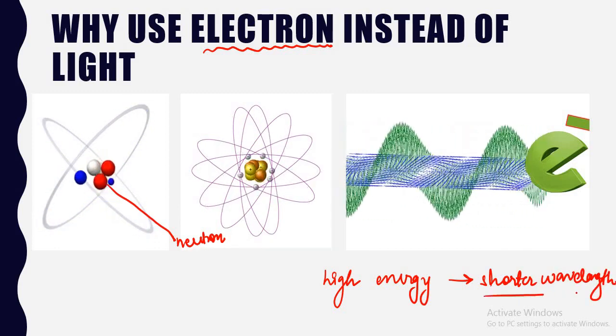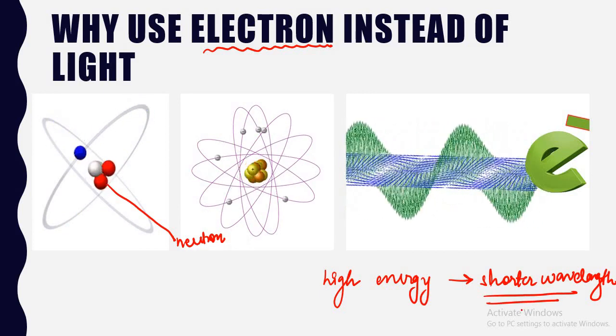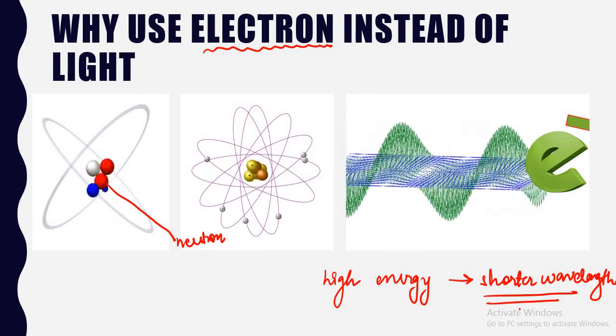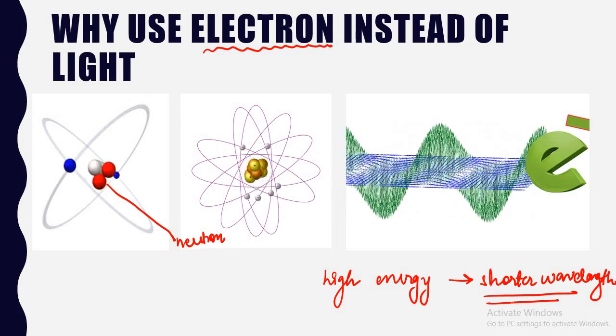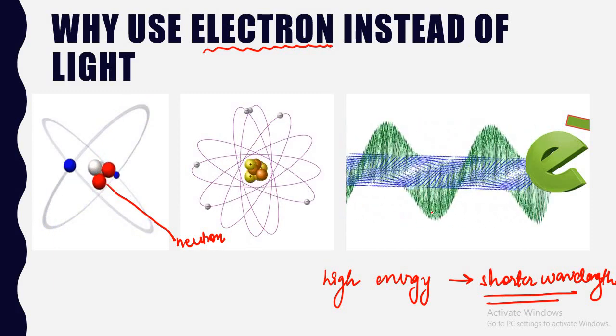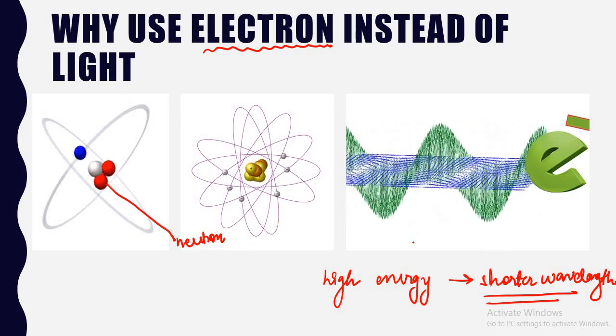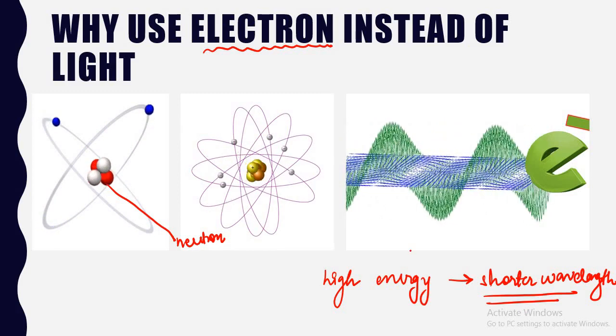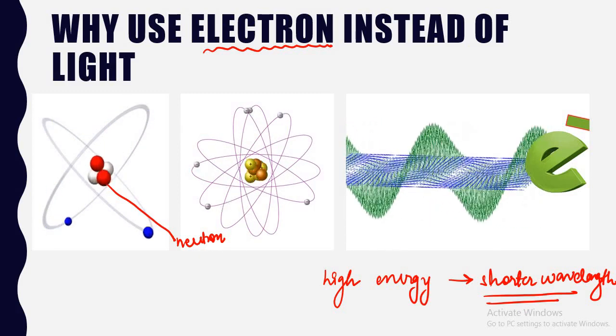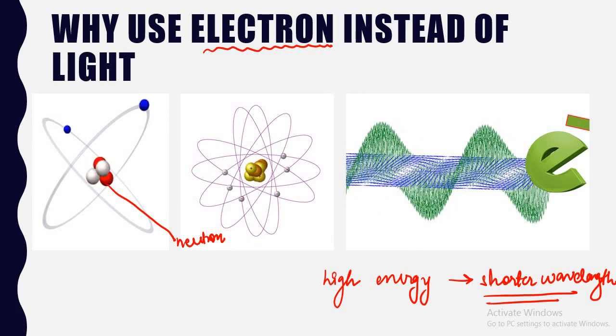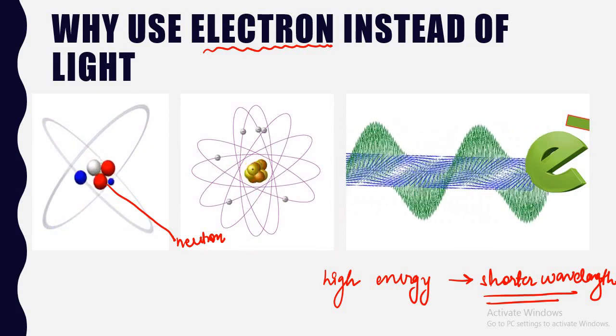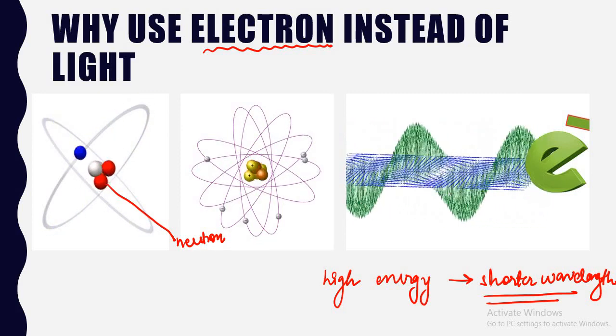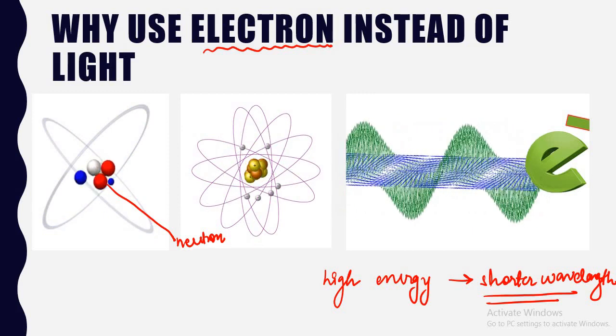And the shorter the wavelength, the greater the resolution, which we have discussed. So this is how the electrons were used instead of light. They have higher energy, and the higher the energy, the shorter the wavelength. So this is what I explained, why electrons were used instead of light.